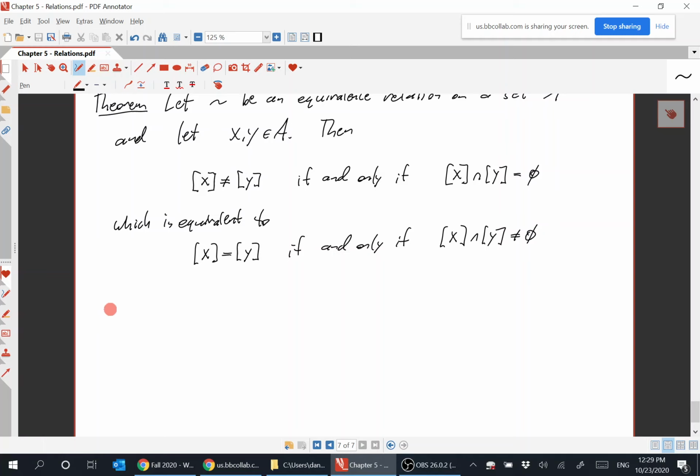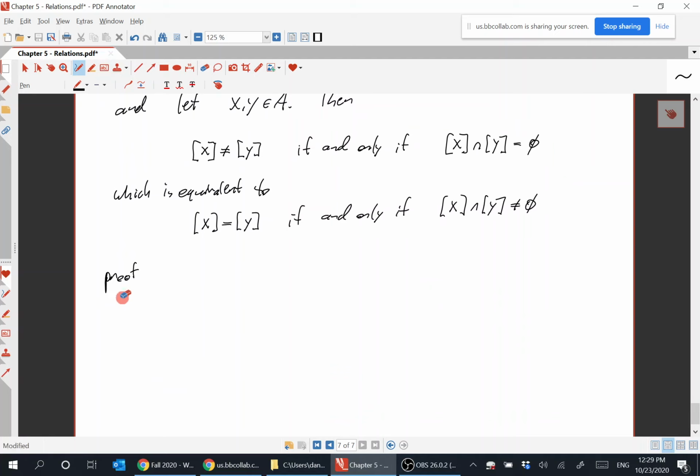All right, proof. So this is an if and only if proof. Before we do that, let us write a note. To prove P if and only if Q, we must prove what?